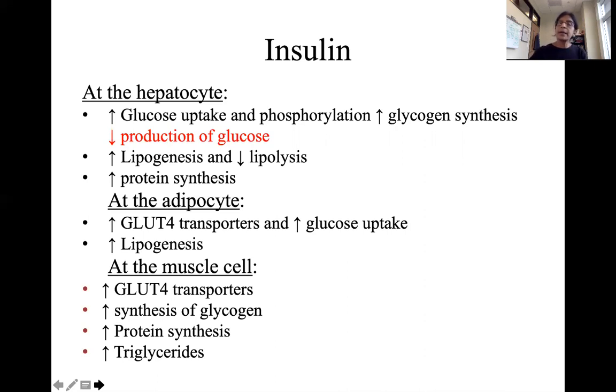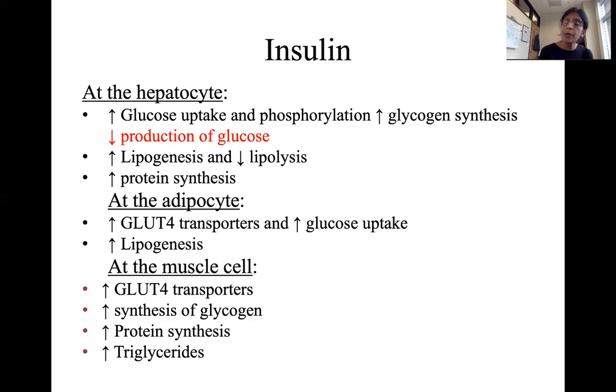And now its phosphorylation, that is to convert glucose to glucose 6 phosphate. And then eventually, depending upon the levels of glucose available, excess glucose is going to be stored in the form of glycogen, so increased glycogen synthesis.